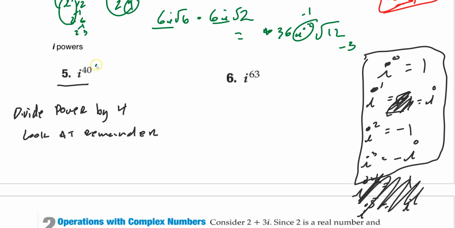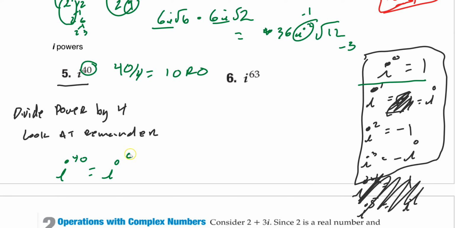For i to the 40, I look at the power and go, okay, 40 divided by 4, and I get 10 remainder 0. So it goes around 10 times and ends up right here, remainder 0. So i to the 40th is the same thing as just saying i to the 0 power, which is 1.